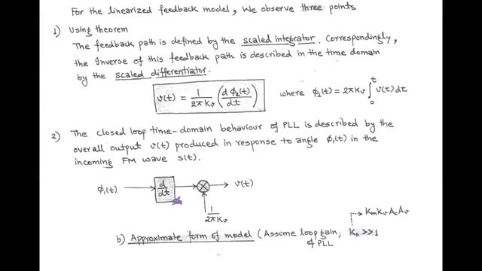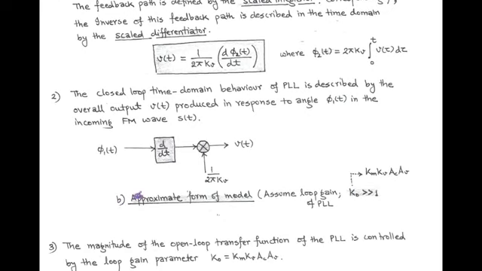So the approximate form of PLL model is shown in the figure. Here the output Vt is produced according to the incoming FM wave having phase angle phi 1. So after adjusting phi 1 equal to phi 2, we get output Vt according to the phase angle phi 1.